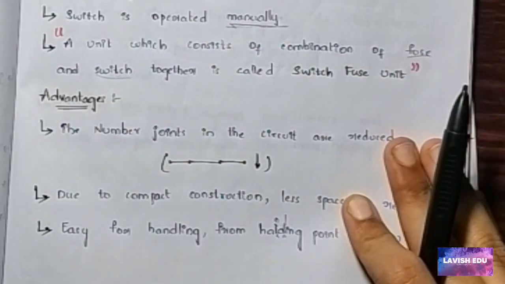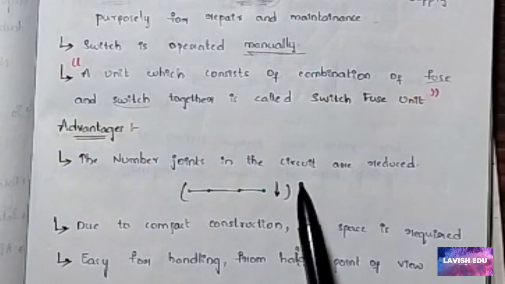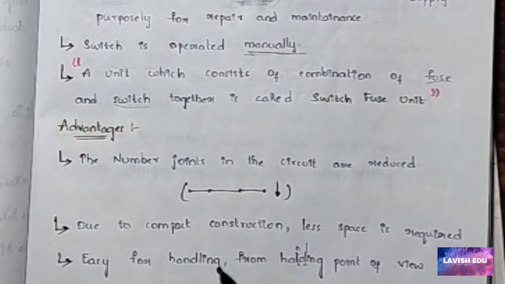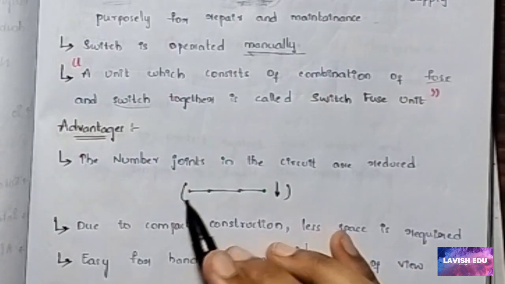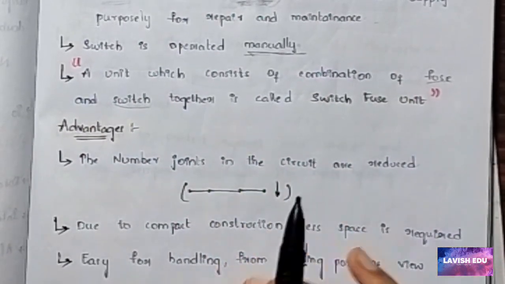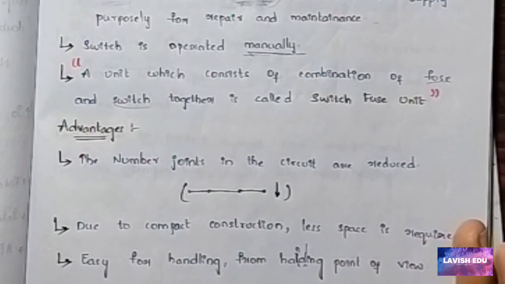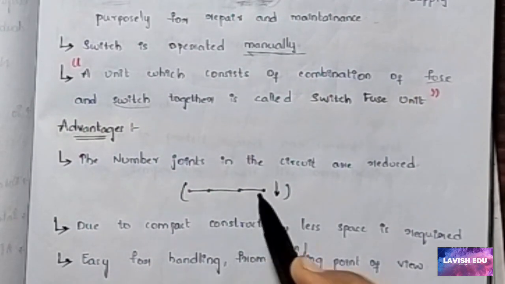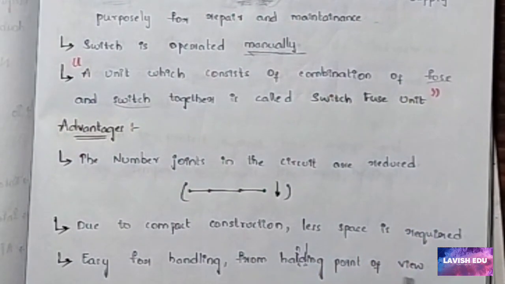Now see a few advantages of a switch fuse unit. The number of joints in the circuits is reduced. We know that in a circuit we join one wire to another wire to another wire, and then the circuit looks very complicated. If you want to reduce all this, we use this switch fuse unit.